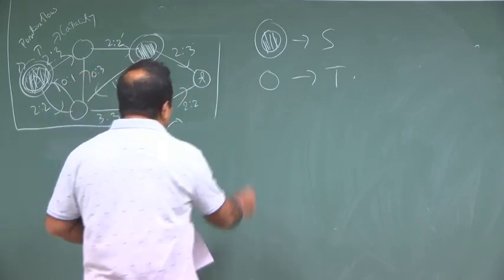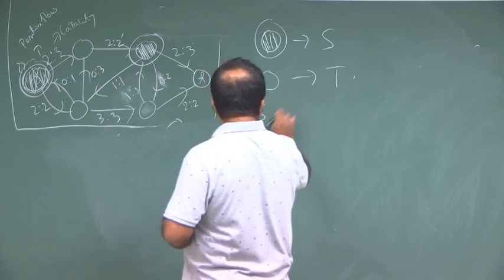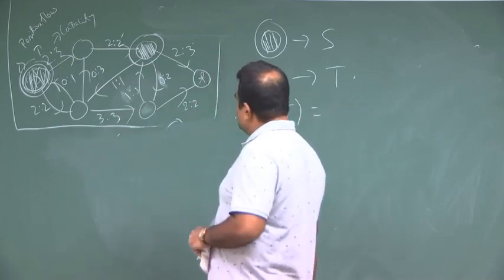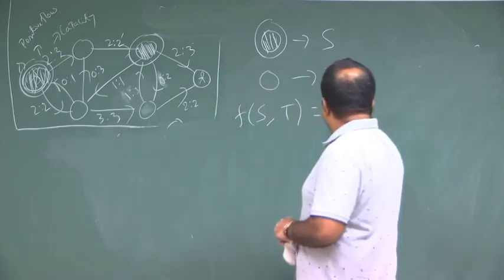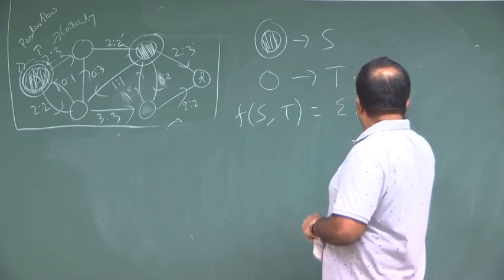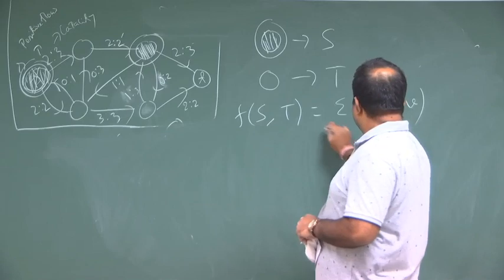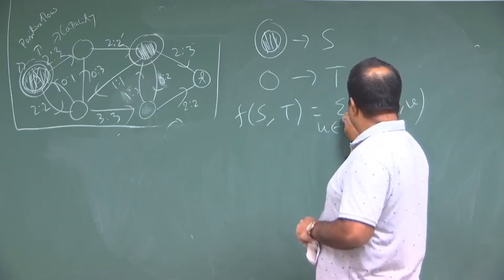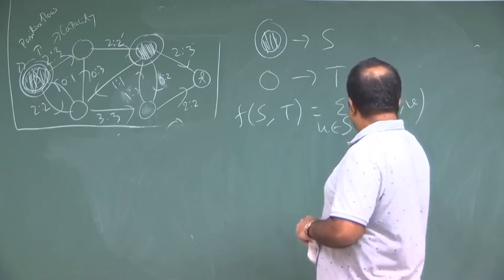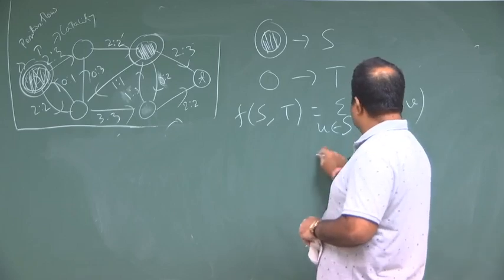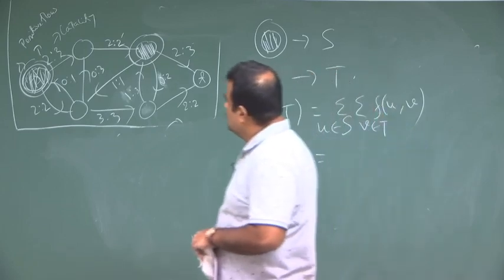Now, what is f(S, T) then? f(S, T) is basically the summation of all the flow on edges such that one end is in S and the other must be in T. So, what are the edges?